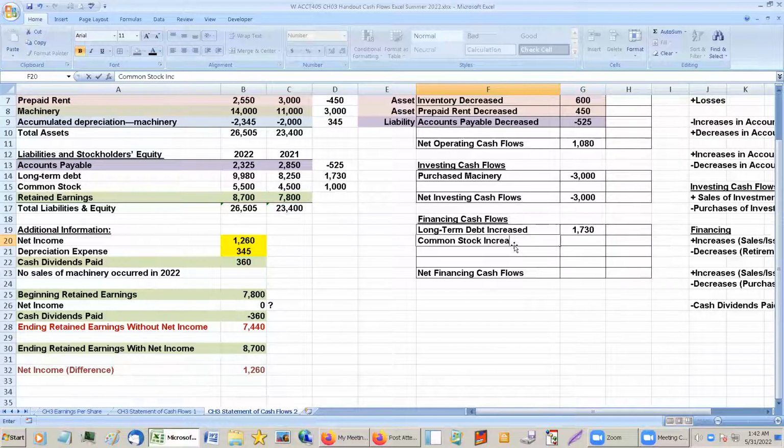Cash goes up. Oh, wait, we got dividends here too. Dividends paid, negative. Okay.